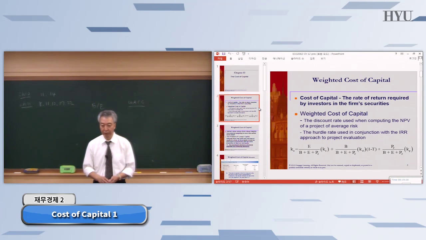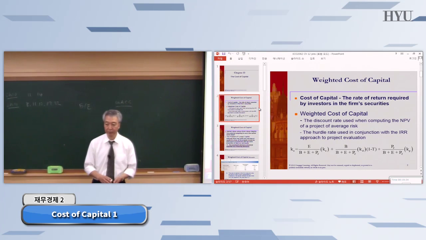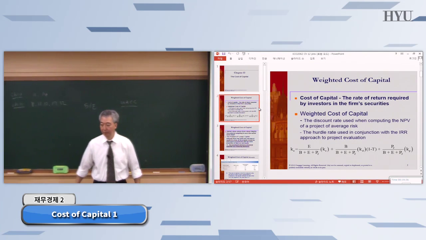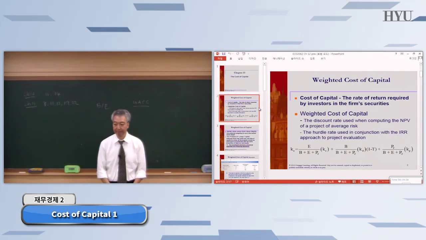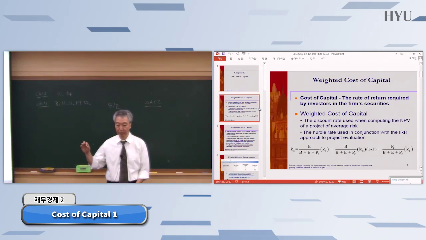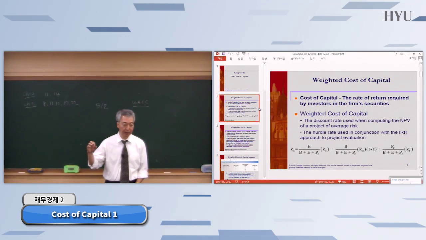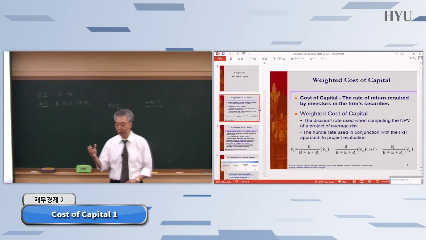So how do you evaluate a project using IRR? What is the criterion? What's the method? Well, you're going to calculate the internal rate of return using the future cash flow. And it's different from net present value, just to refresh your memory.